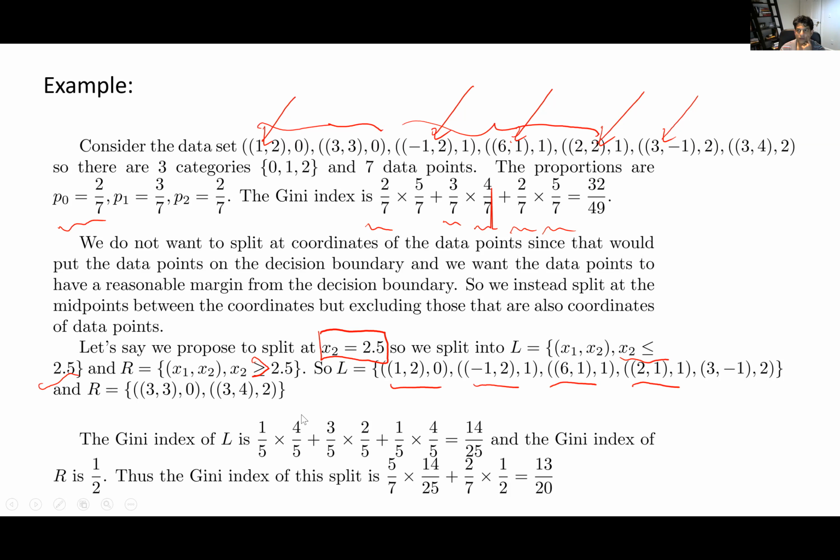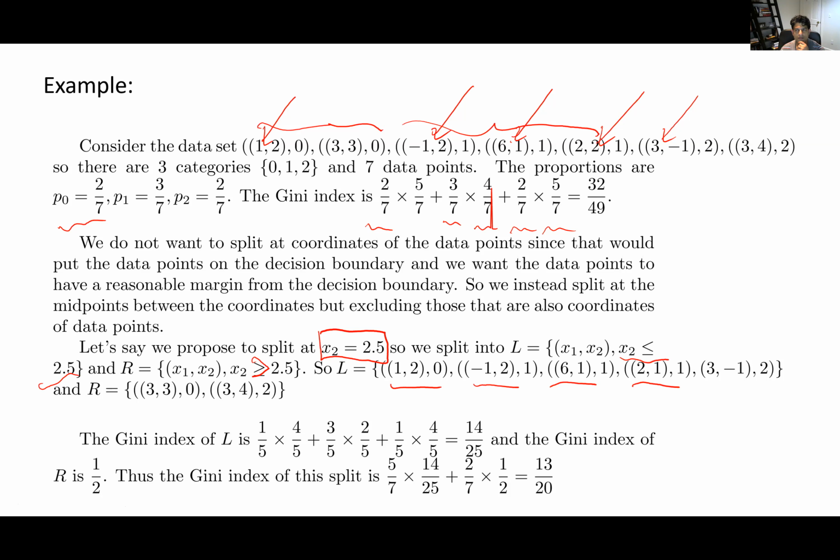So one question is, earlier you said that normally we would like to split at the midpoints between the coordinates. So for x2, the midpoint should be somewhere around 1.5, right? But we don't exactly know where to split it. Okay.